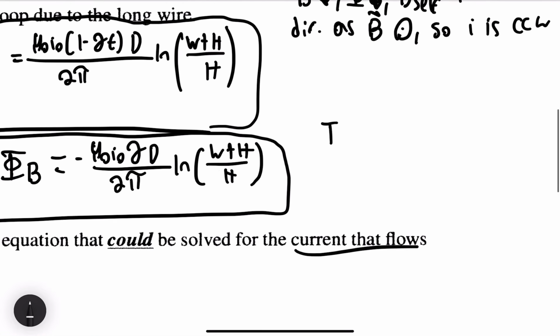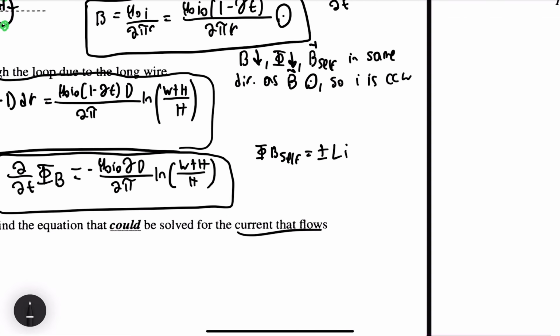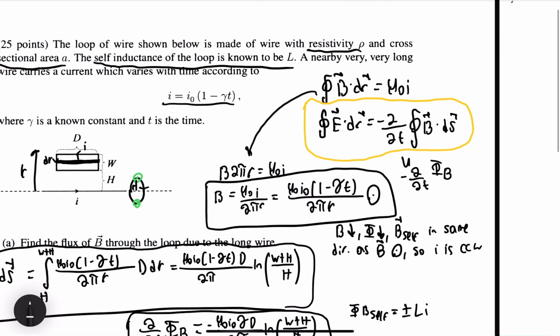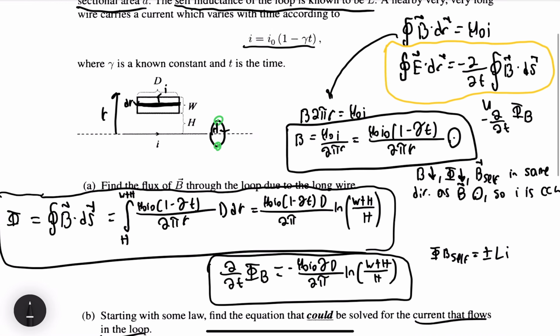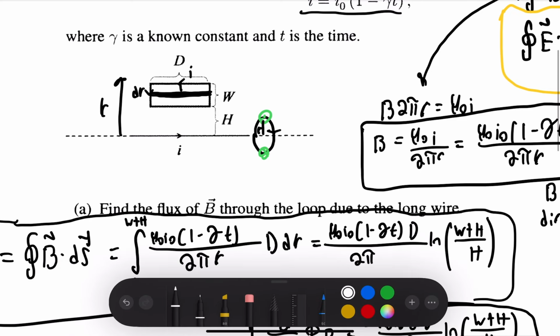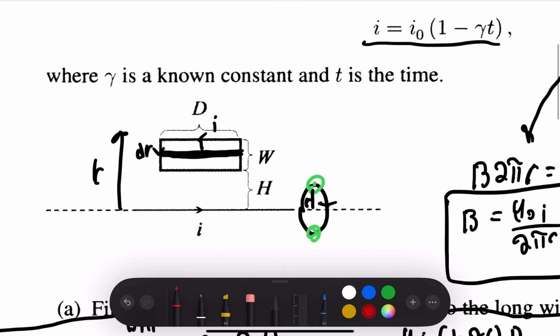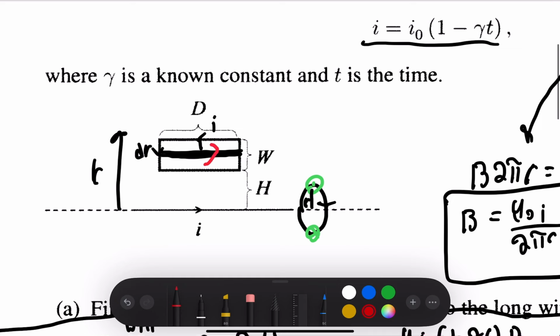Recall that the flux by B self is plus or minus Li. To determine if it's plus or minus, we need to see if B dot ds is positive, which I actually didn't put here, so it's a mistake. By convention, we always go in the counterclockwise direction for ds, meaning ds would point out of the page, which is not a rule. You don't have to follow this, but in the book, it always goes counterclockwise, so ds is always pointing out.